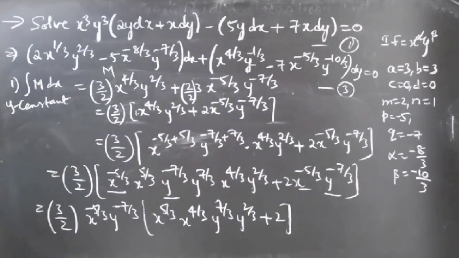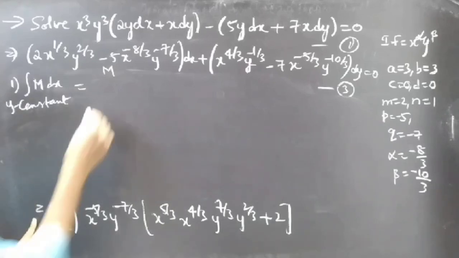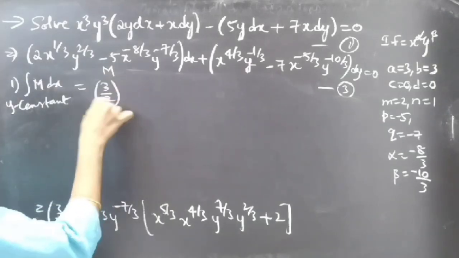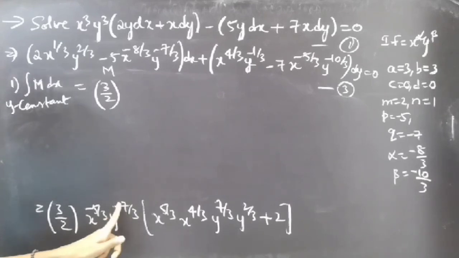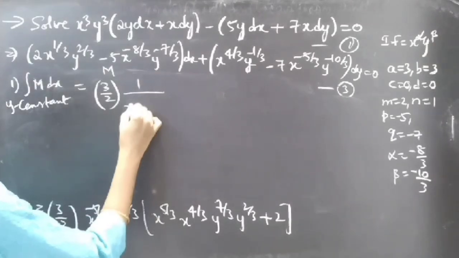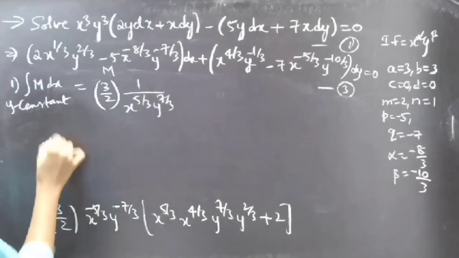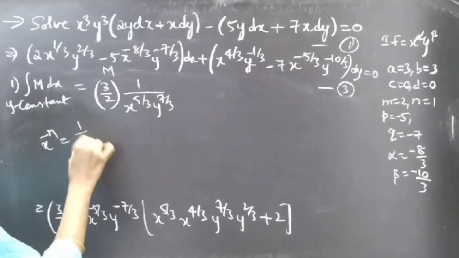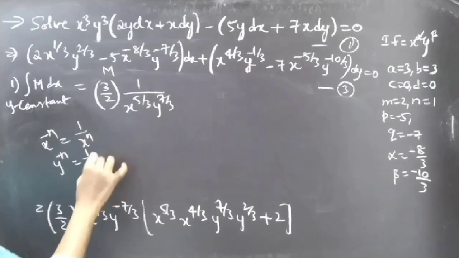Okay, here the bases are equal, so we'll add the powers. Then we can write this as 3 by 2 into x to the power minus 5 by 3 into y to the power minus 7 by 3 can be written as 1 by x power 5 by 3 y power 7 by 3. Since x power minus n can be written as 1 by x power n, likewise y power minus n can be written as 1 by y power n.